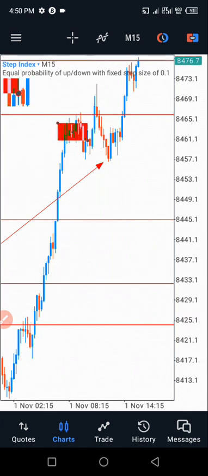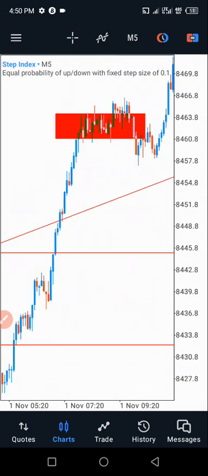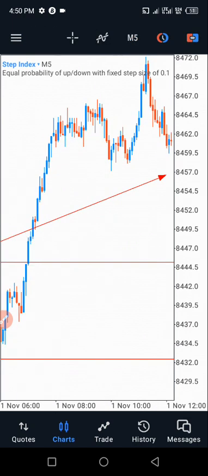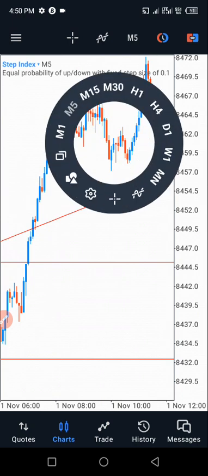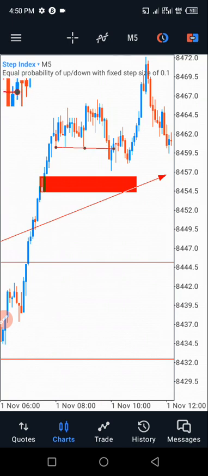Okay, so I had to go to the 5 minutes time frame to watch out closely, and then on the 5 minutes time frame I noticed an order block here. So this was an order block here on the 5 minutes time frame, and then I noticed this equal low here. Okay, so remember I wanted to sell in this particular market here.